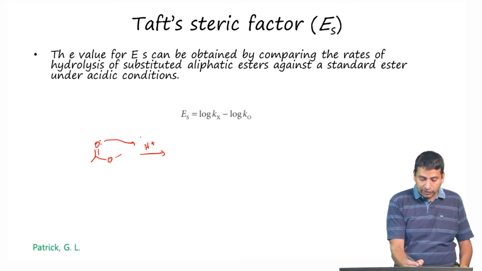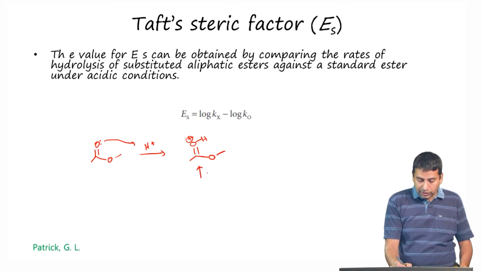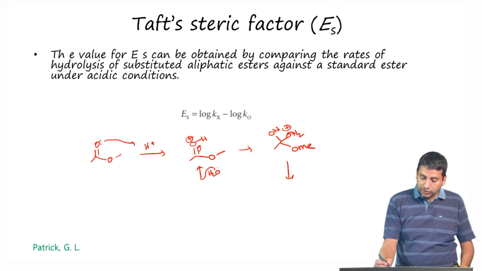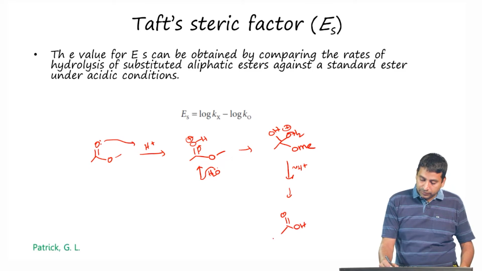So, the mechanism of hydrolysis is that it gets protonated and then you have water attacking, and then this opens up the ring to give you OH, OH, and it will be OH2 plus, of course, OMe, let us say, and then this transfers a proton followed by loss of methanol to give you the carboxylic acid.